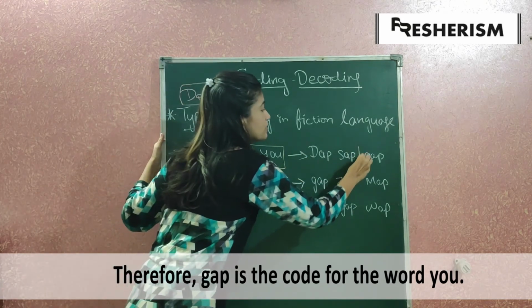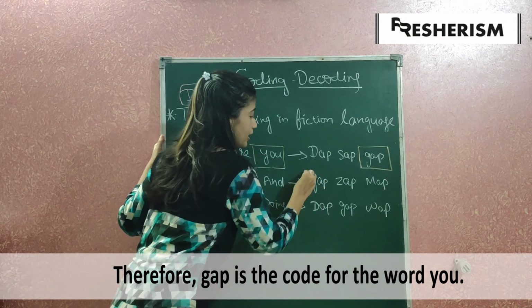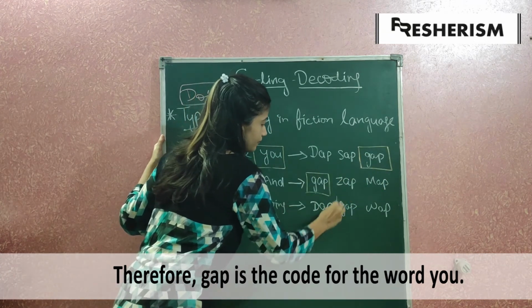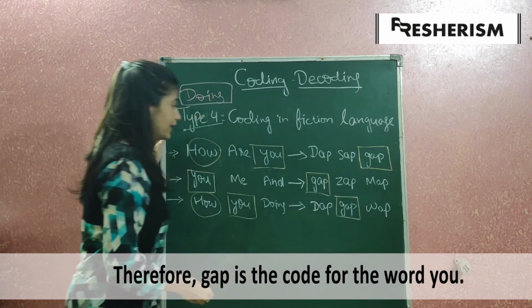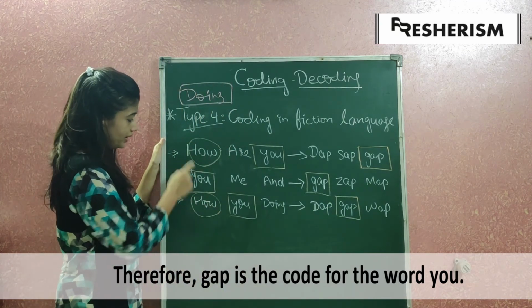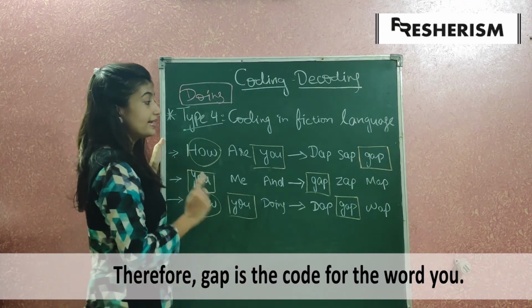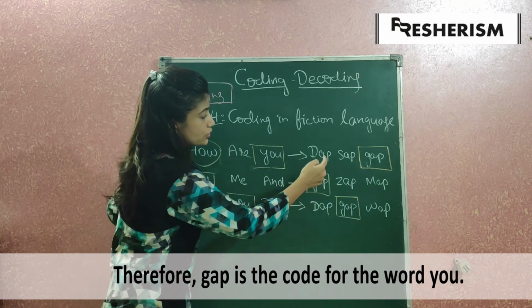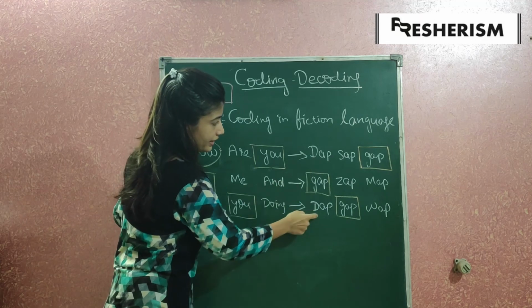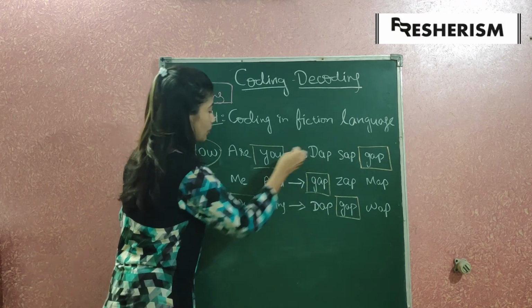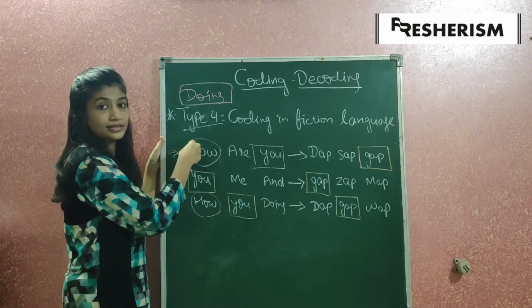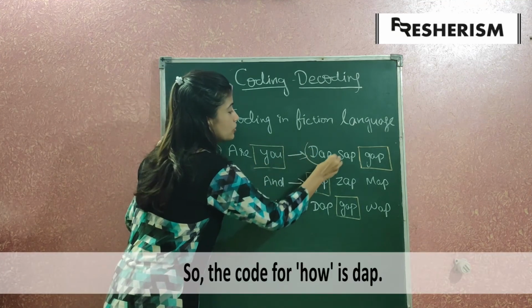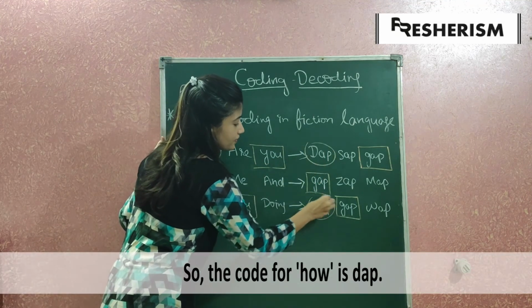So for GAP also you will put a square. Second common was how. How in the first and third sentence. Let's check whether there is a common code in the first and third sentence. So DAP, DAP. Yes, there is one common. For how I have put a circle. So for DAP also you will put a circle.